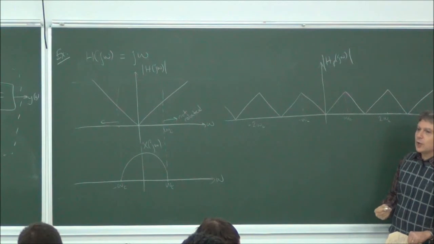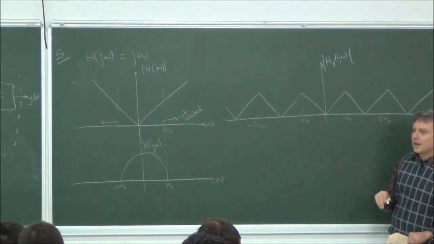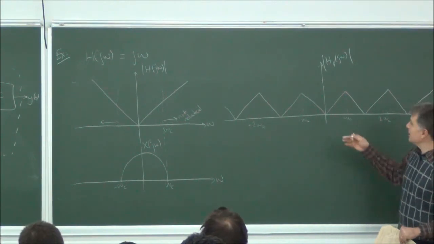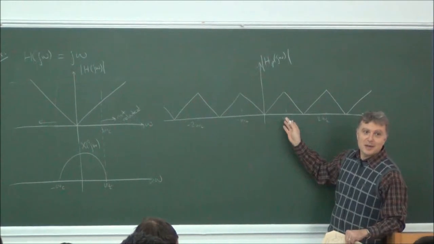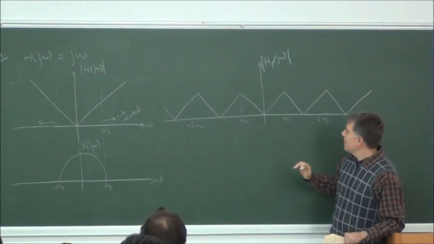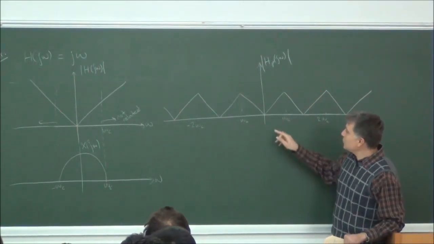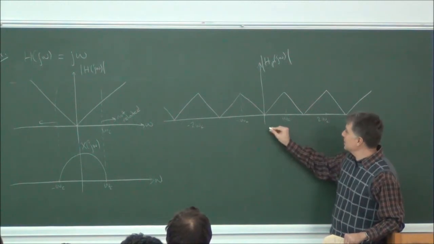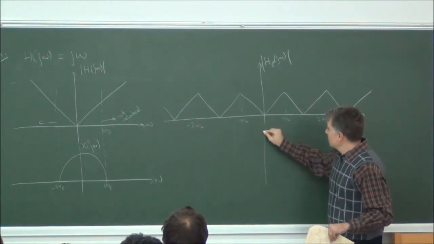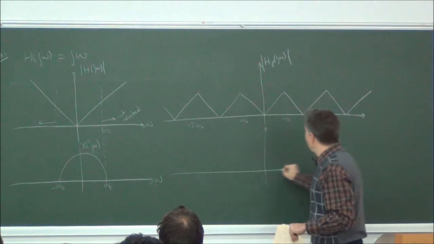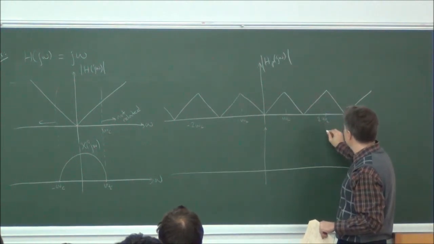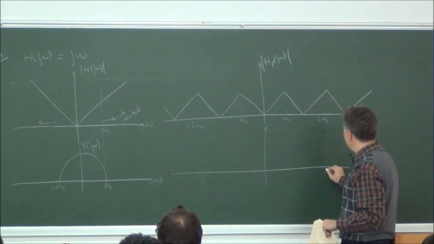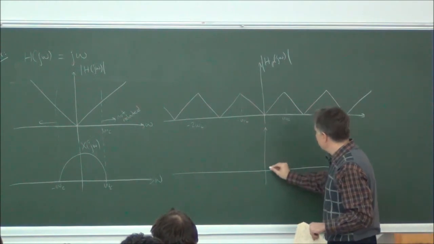It corresponds to a discrete time version of the original continuous time signal. It is like the sampled system. I'm sampling the system now. And in order to make it a completely discrete time system, I'm going to call this repetition point, which was previously 2 omega c, to be equal to 2 pi.